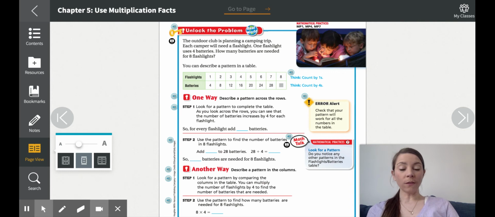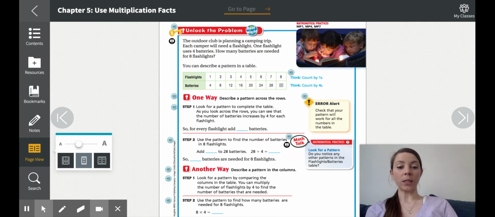Now, what's really important for you to pay attention to today and whenever you're using tables is you have to make sure you read the words, the headings, either on the side or on the top, because they help you understand what the numbers in that row or column mean. So we don't want to skip the words. We want to read them first so that we know what the information is telling us. This top row is counting flashlights: 1 flashlight, 2 flashlights, 3 flashlights, 4.